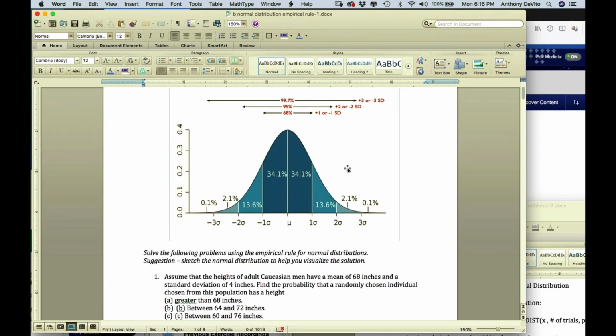The way this works in a standard normal distribution, a true normal distribution, we don't expect them always to be perfect, but in most normal distributions, pretty much 68% of the results lie between one standard deviation below the mean and one standard deviation above the mean. Notice I didn't say a number.